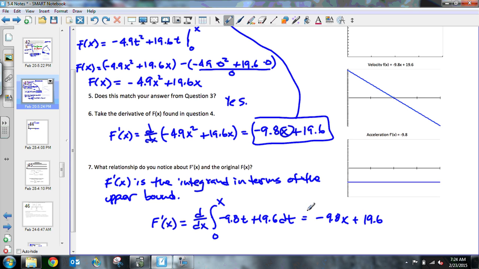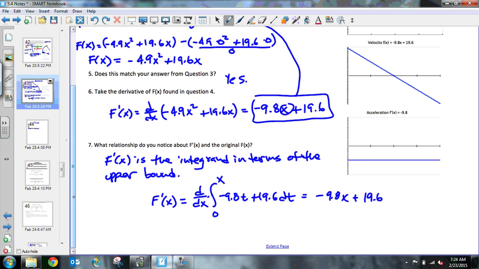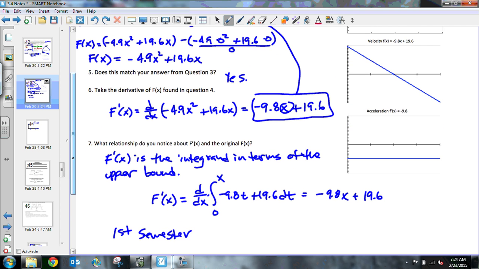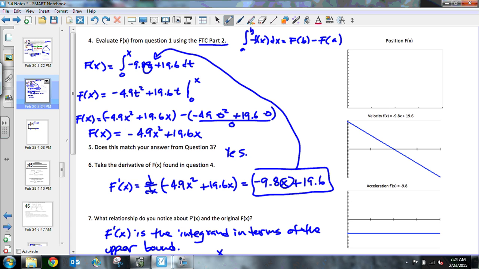We've been talking about this for a while. In first semester, we took derivatives. We went one way, looking at the picture of position, velocity, and acceleration.